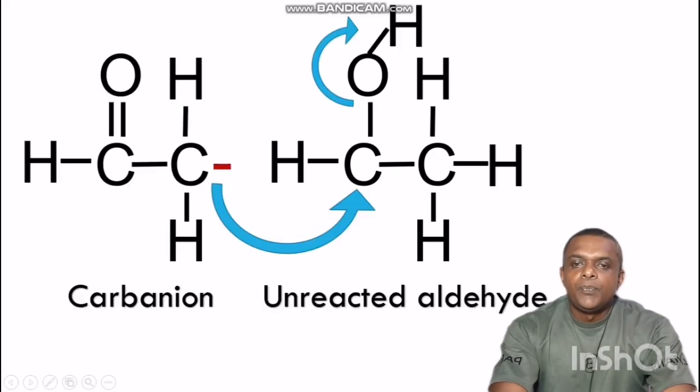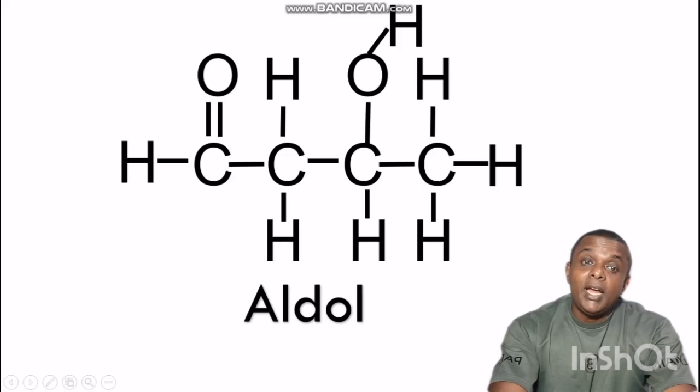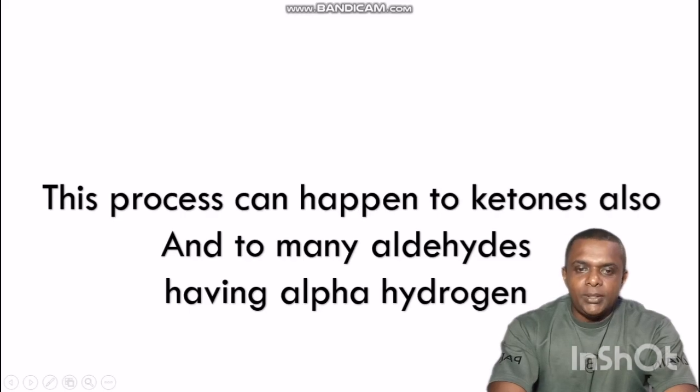The carbanion comes along to the unreacted aldehyde, and now this carbon has a bond with this carbon and there is an OH group, but the original aldehyde group is still intact. So this has an aldehyde group and an OH group. This is known as aldol.